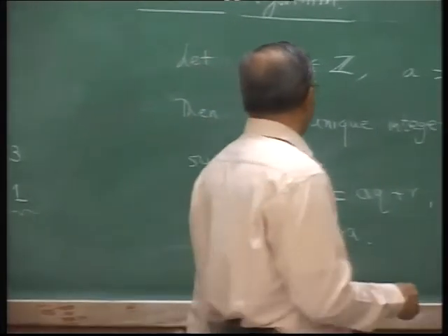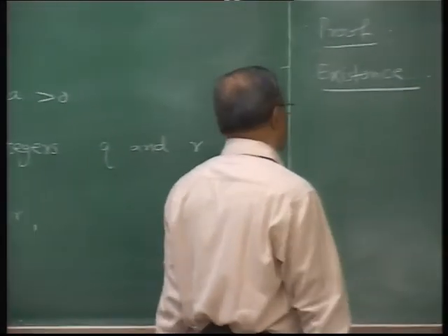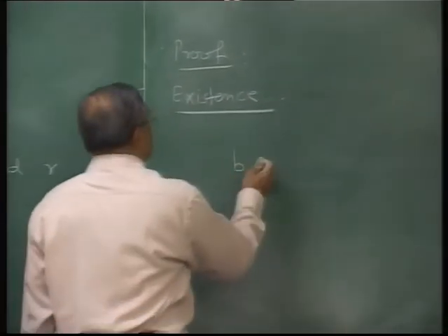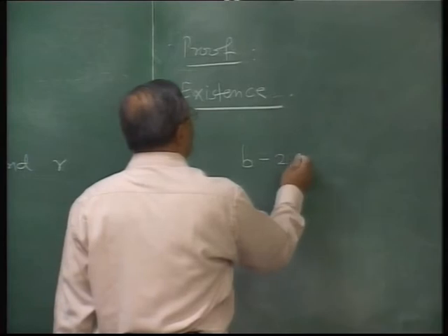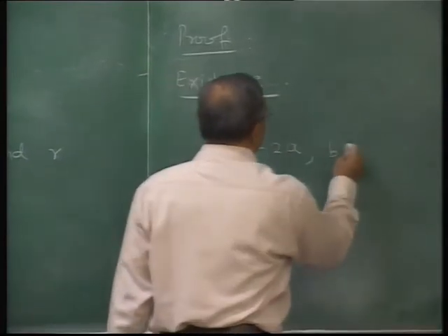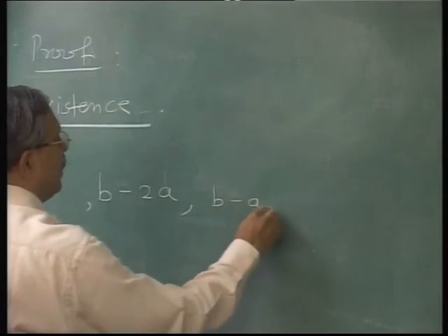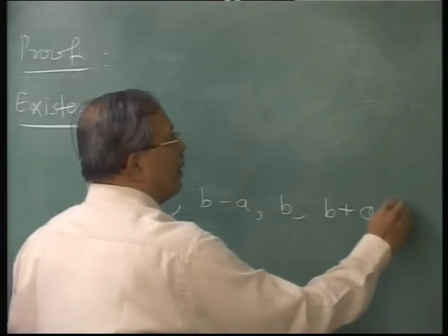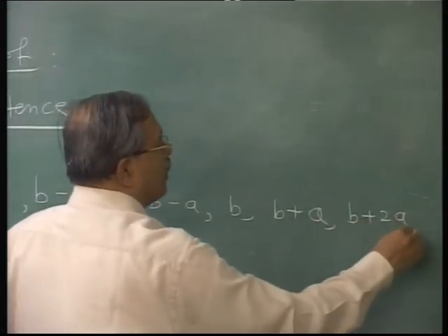What we do is you consider the sequence. So b minus 2 times a, so I am dividing by a. So I am considering this sequence: b minus 2a, b minus a, b, b plus a, b plus 2a, and so on.